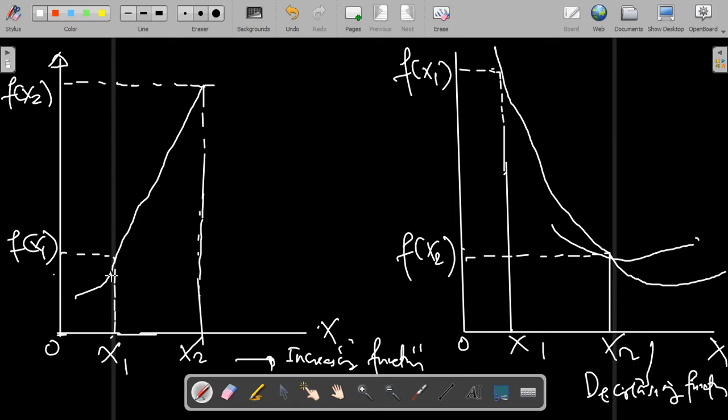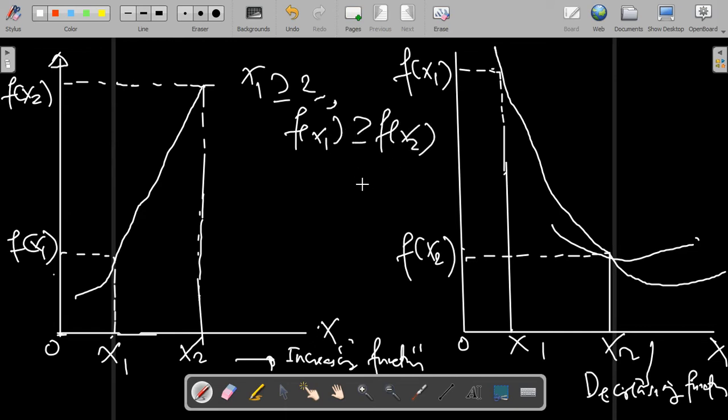The increasing function takes the values of x1 greater than or equal to x2, where f(x1) is greater than or equal to f(x2), for x1 and x2. From this you can observe this is called the increasing function.